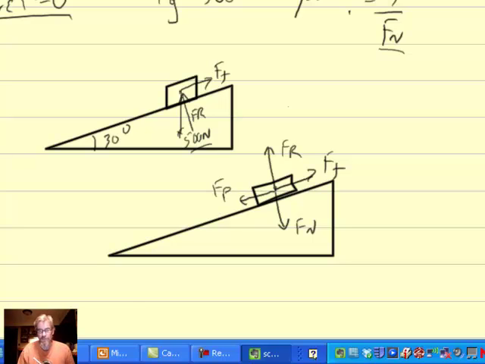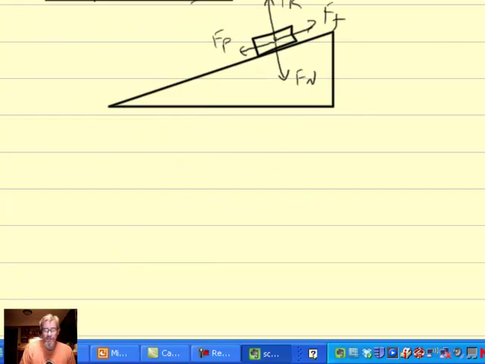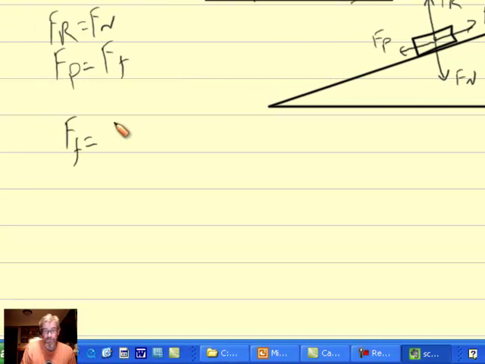So how can that help us solve this problem? Well, we have in our toolbox a formula for parallel and normal forces. The force parallel, which is equal to the force of friction, is equal to the weight times the sine of our angle, which in this case happens to be 30 degrees.